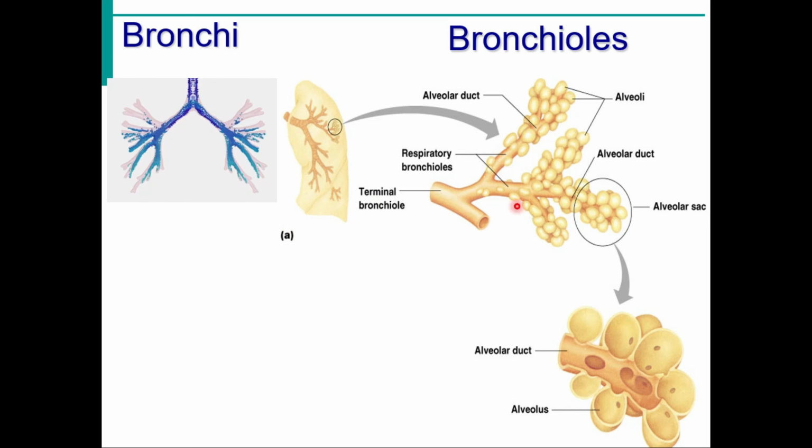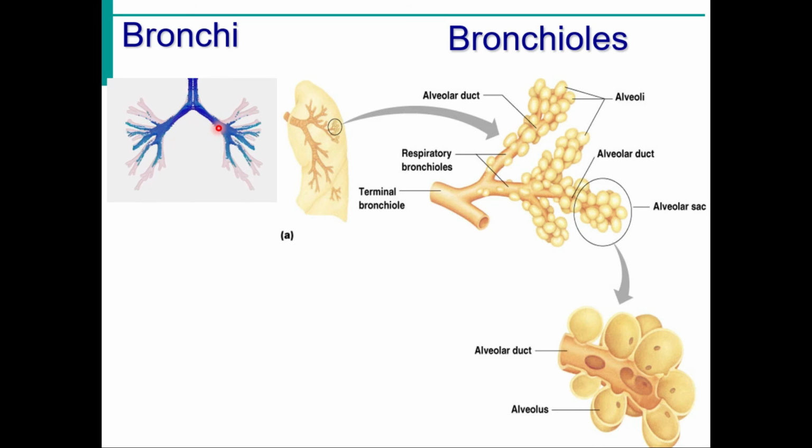This is the tracheobronchial tree. The trachea bifurcates at the level of the sternal angle, that is T5, into the left and right main bronchi, as we can see here. One bronchus for each lung.